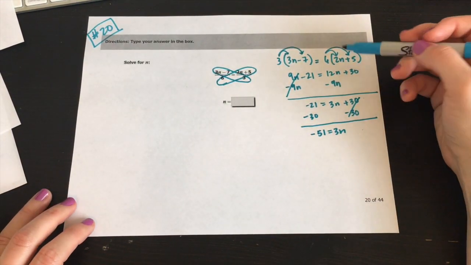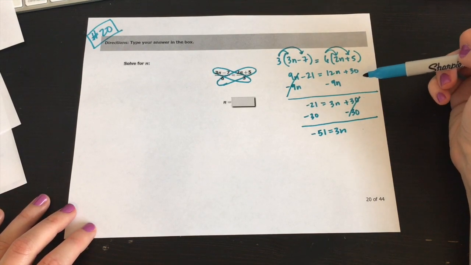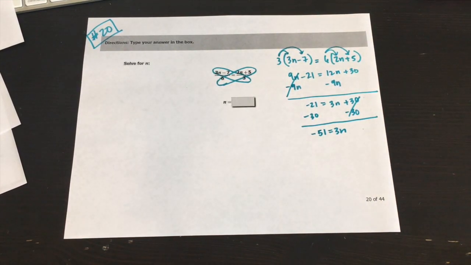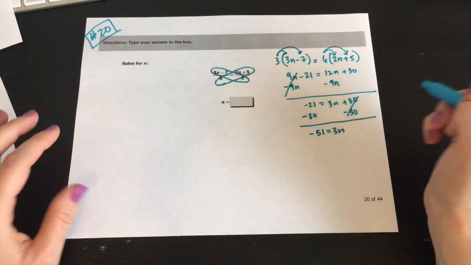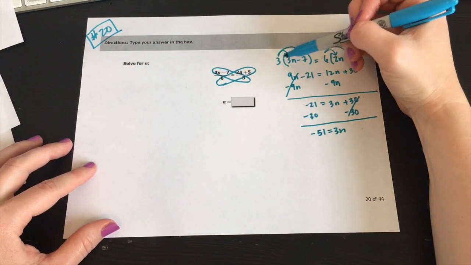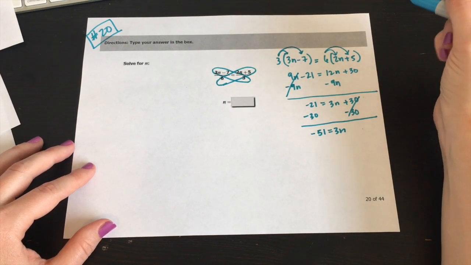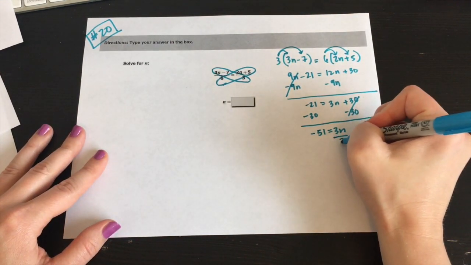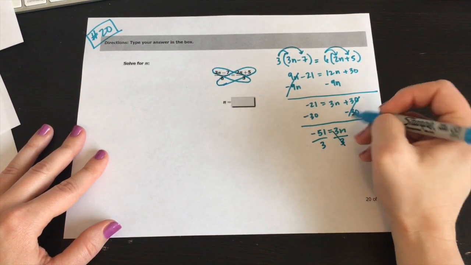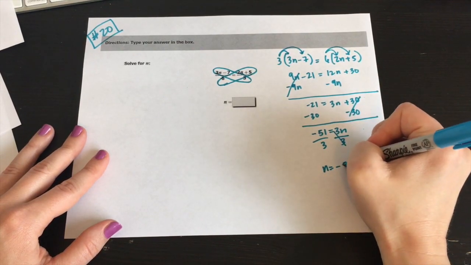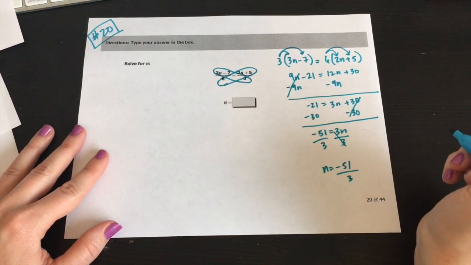Let's just go back through. I always question when I get a weird fraction. Did I do that right? All right, so far everything, let's see, 9, 7, 21. All right, so we're going to divide by 3. n is equal to a negative 51 over 3.